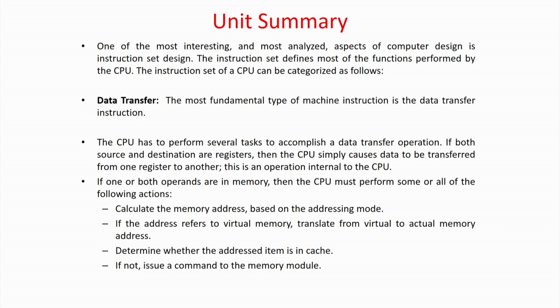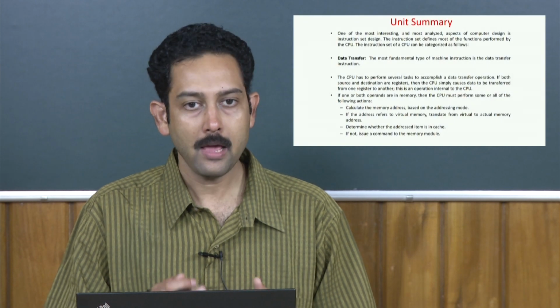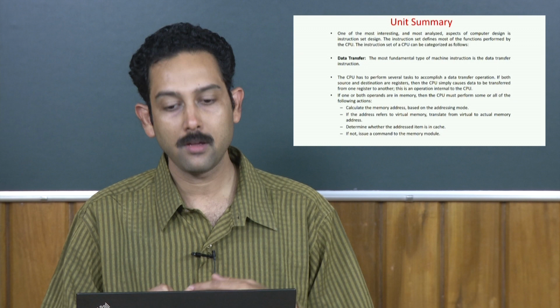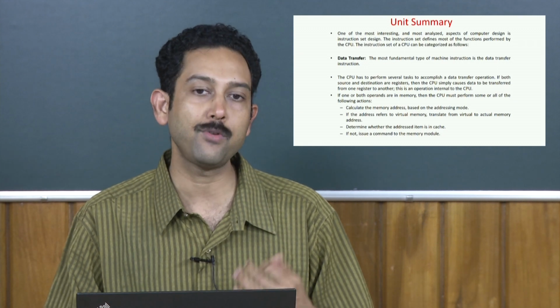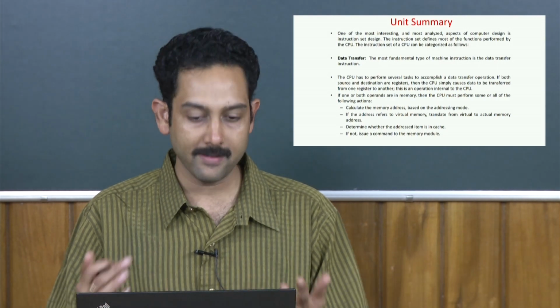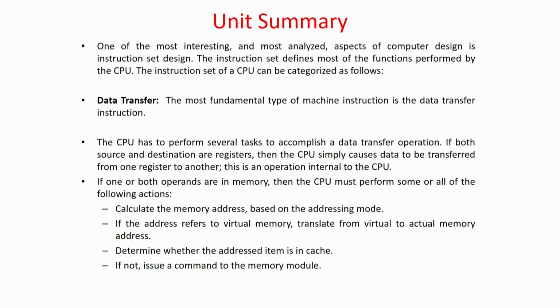In the last unit we saw that how many such operations can be done in an instruction depends on the number of addresses. If it is a 3 address instruction, then we can have more data transfers than with a 2 address instruction, and so forth. In this case it has to calculate the address of the operands based on the addressing mode. Those things will be detailed in a future module.